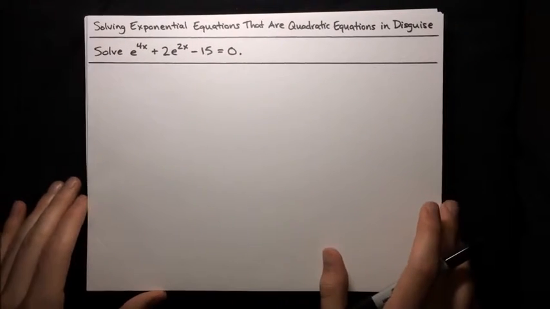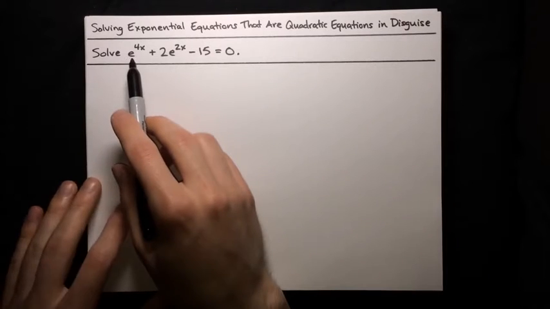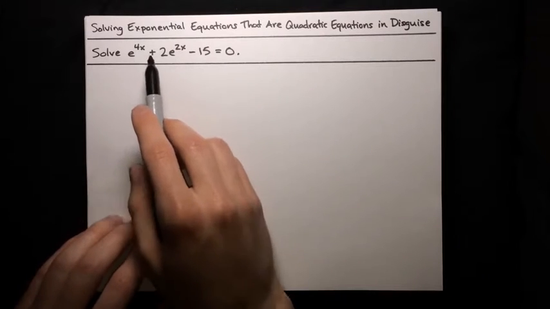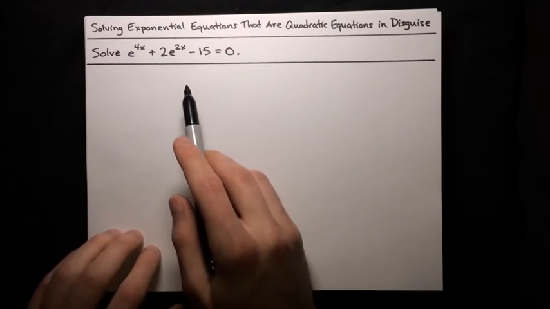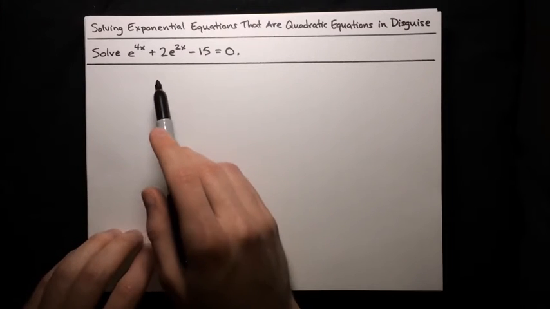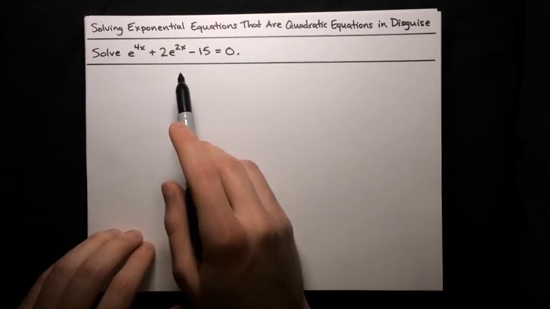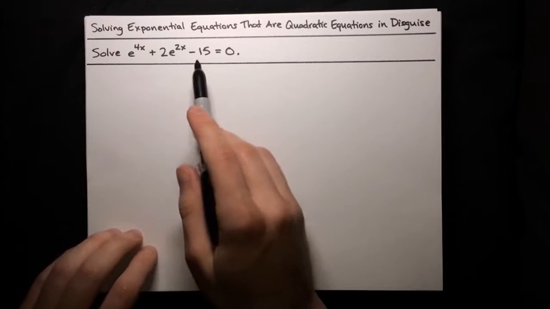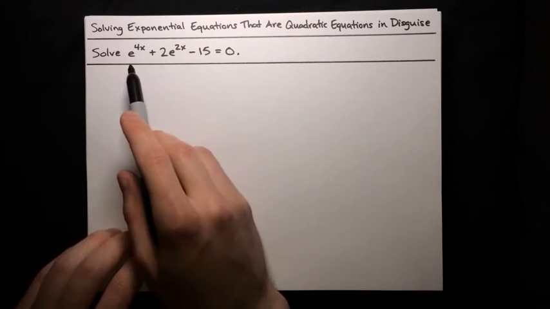Here's another example. This one's a bit trickier because now we're working with e, and also instead of working with 9 to the power of 2x and 1x, we've got e to the power of 4x and 2x. But the general idea here is still the same. We want to write this equation so that when we substitute something, it'll turn into a quadratic. So first of all, why don't we try to turn one of these terms into a squared term?